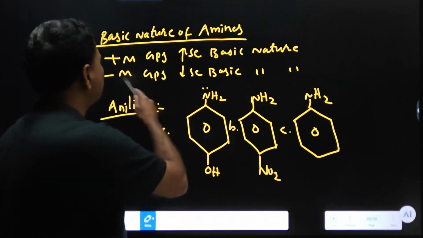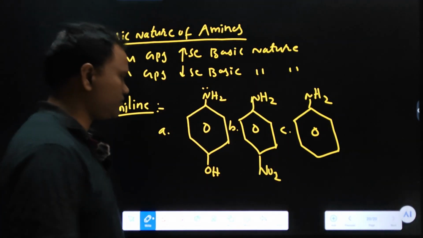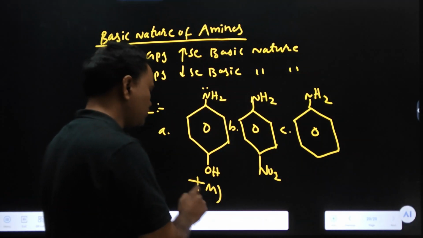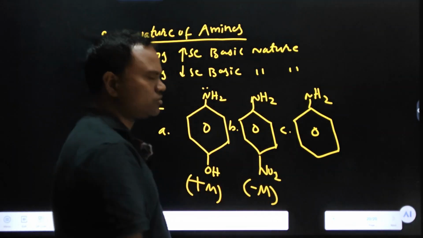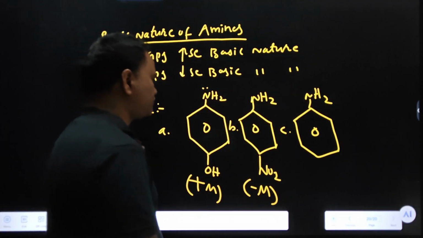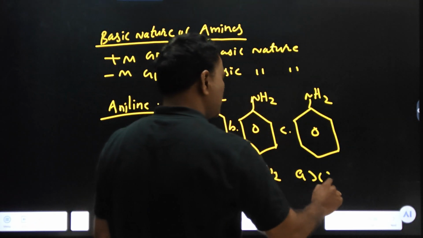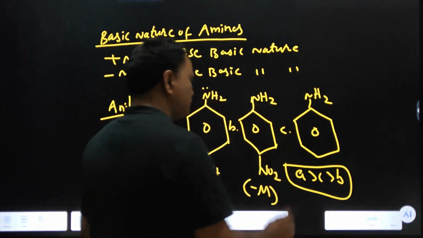What I said, plus M groups increase basic nature. Which is plus M group? This is plus M. And which group is this? Minus M group. This is neutral. So what is the overall basic nature? A greater than C greater than B. B is least basic. Why?